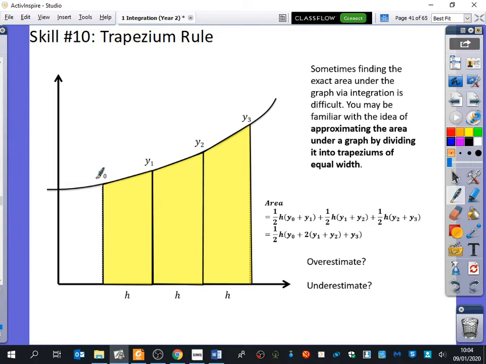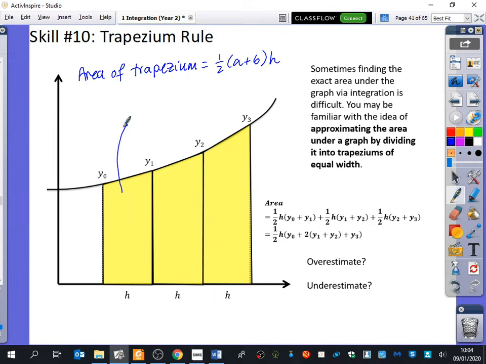And if we were going to figure out how we would find the area of this, the area of a trapezium is a half a plus b multiplied by height. Or you might think of that as the average of the parallel sides multiplied by the height.